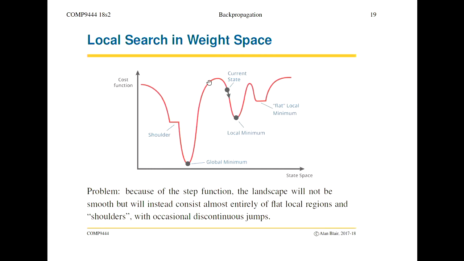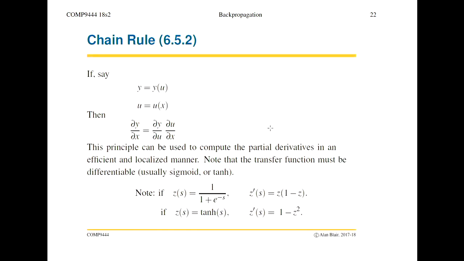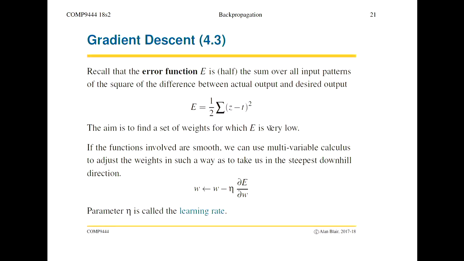If the learning rate is really large, then it's possible we might overshoot the minimum and get onto this side, and then we might overshoot again, and the learning might become unstable, and the weights might just bounce around and blow up. Right? So we've got to choose the learning rate appropriately.